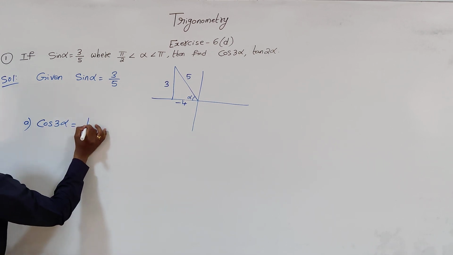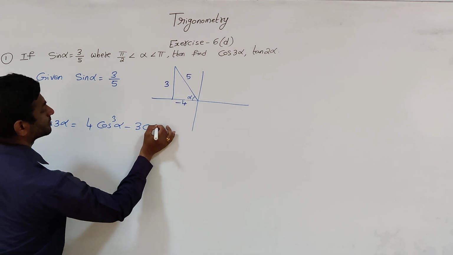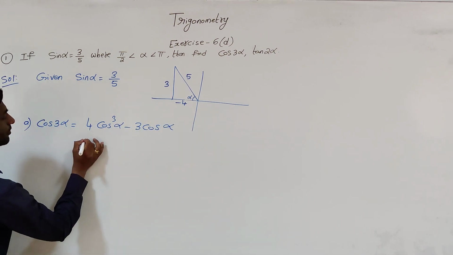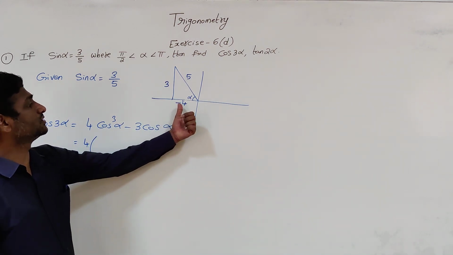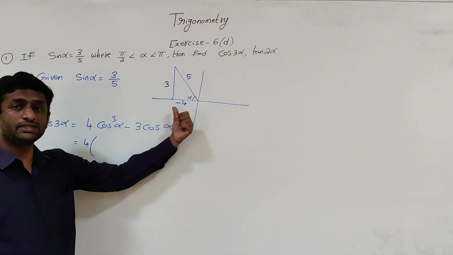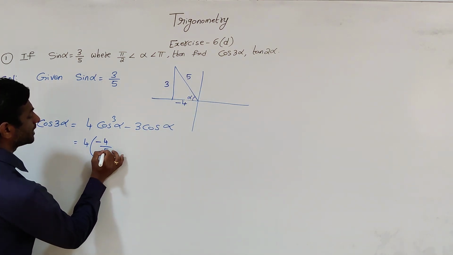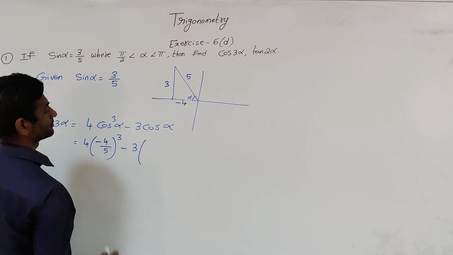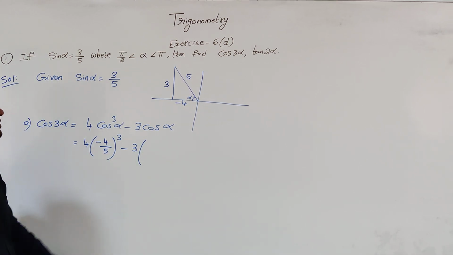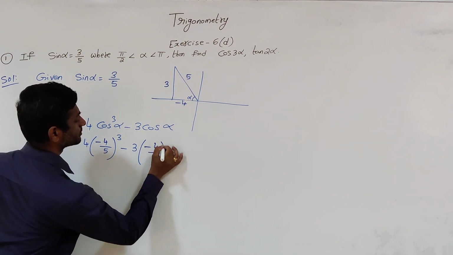What is cos 3 alpha? 4 cos cube alpha minus 3 cos alpha. And substitute 4 times cos alpha whole cube. Cos alpha is minus 4 by 5 because adjacent side by hypotenuse. So minus 4 by 5 whole cube minus 3 times cos alpha, it will be minus 4 by 5.